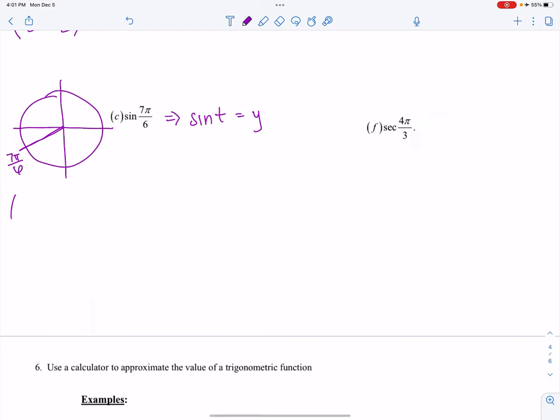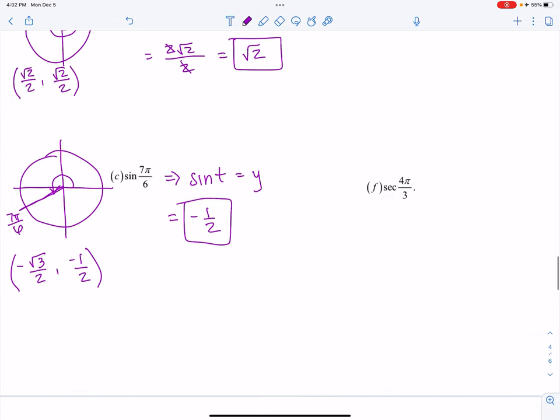And our coordinates at 7 pi over 6 are negative root 3 over 2 and negative 1/2, one of our big three. And our y value, simply put, is negative 1/2. Sine was a nice friendly one, isn't it?